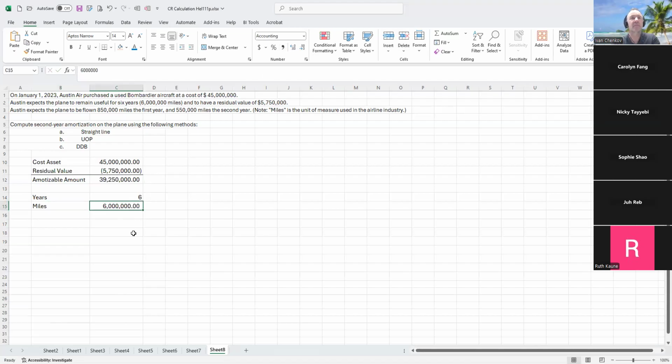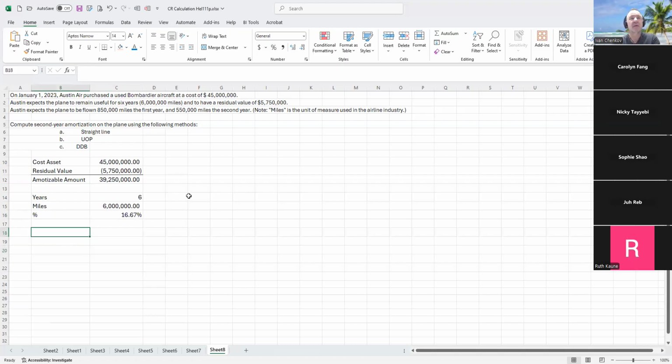And the percentage will be? Because for double declining, we're gonna need that percentage. 1 divided by how many years? 6. Our percentage will be that much, 17%, but let's make it 16.67.